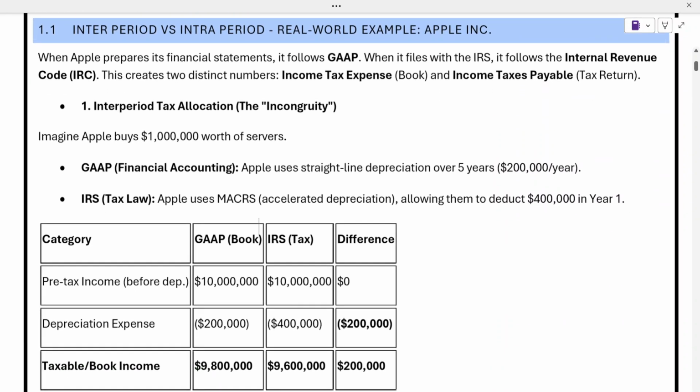So let's imagine a situation wherein Apple buys 1 million worth of servers. Now what happens? GAAP, or the financial accounting system, says that Apple uses the straight line depreciation method over 5 years, which means on this 1 million server they will be charged depreciation of $200,000.